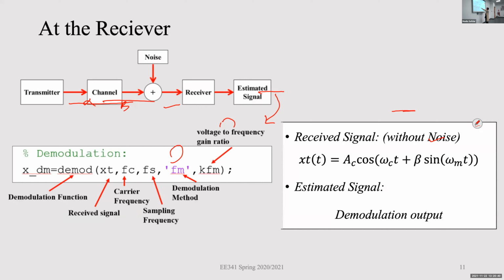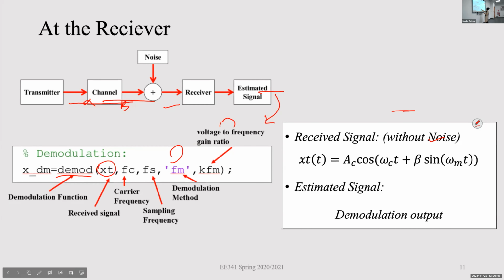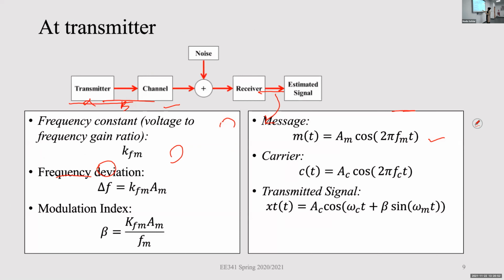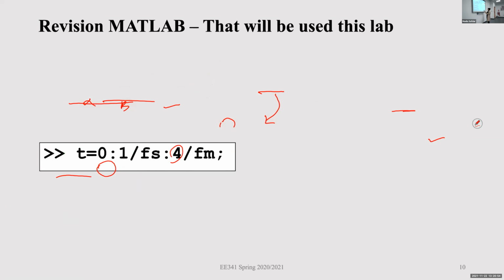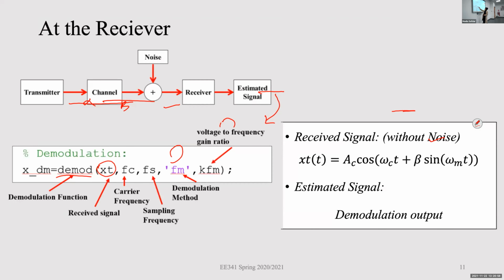For the demodulation, very simple, we will use only this command to demodulate our signal. This x of t is the received signal. This is the modulated signal, then this is the carrier frequency, this is the sampling frequency, this is the modulation method, frequency modulation, FM.